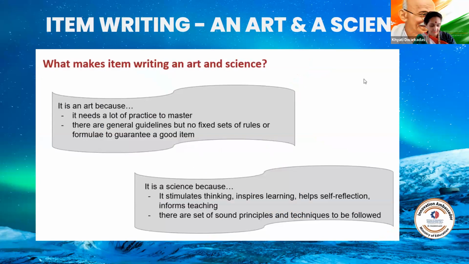It is only when we practice it will we master it. And it's a science because it stimulates our thinking process too. It inspires learning, helps self-reflection, and informs teaching. There are a set of sound principles and techniques which we need to follow.